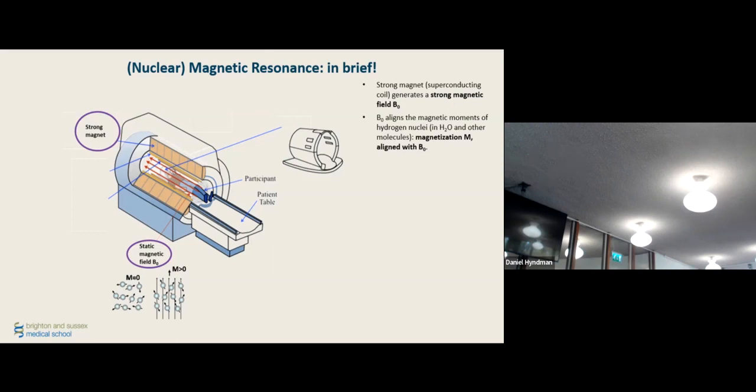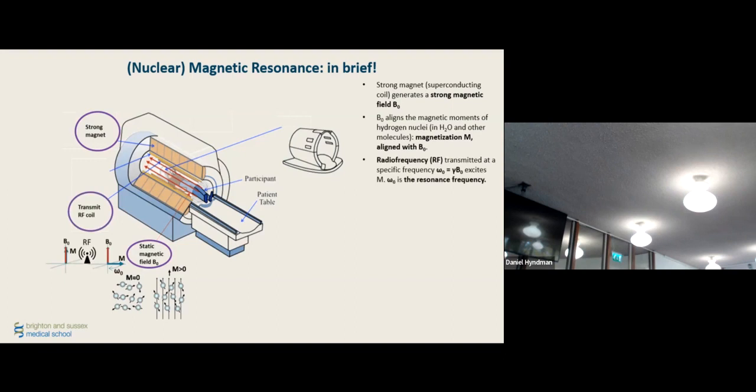But overall, the sum of all magnetic dipoles in the sample, which without a magnetic field is zero, is greater than zero when we have the static magnetic field turned on. And this is our best friend in MR. It's called the magnetization. And this tiny little magnetization is the source of the MR signal.